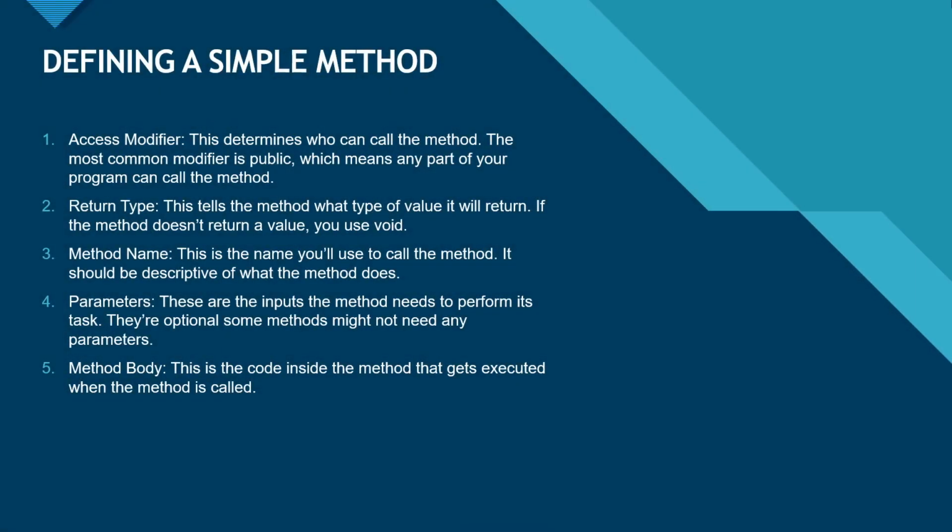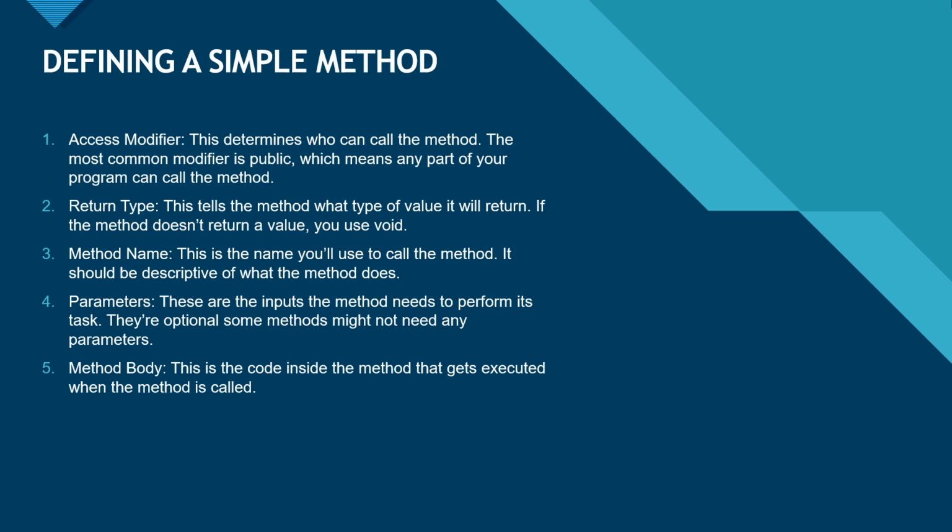To define a method in C#, you need to specify several key components. 1. Access modifier. This determines who can call the method. The most common modifier is public, which means any part of your program can call the method. 2. Return type. This tells the method what type of value it will return. If the method doesn't return a value, you use void. 3.